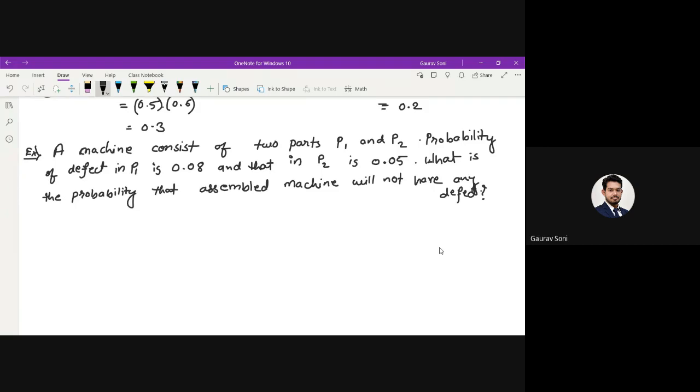First of all, you need to understand the experiment. What is the experiment?